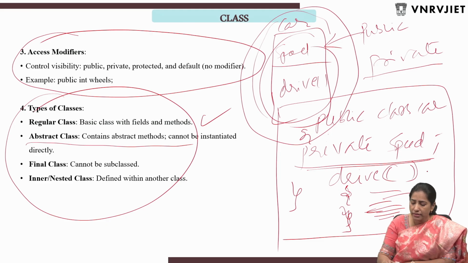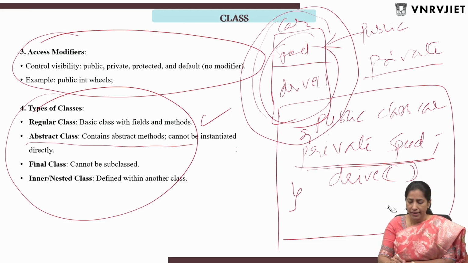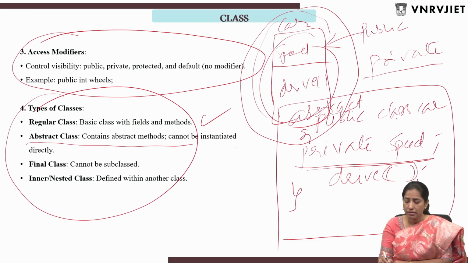You don't define it. You will just declare it. And the class should have the keyword abstract: the abstract keyword and the class name. And the methods should be public, so that others can access.